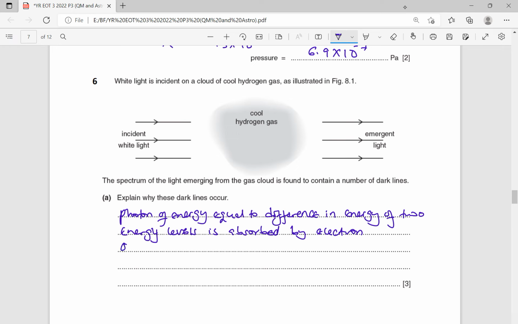Of course, when it has absorbed a photon, the atom is excited. So on electron de-excitation, a photon of the same energy is going to be re-emitted.